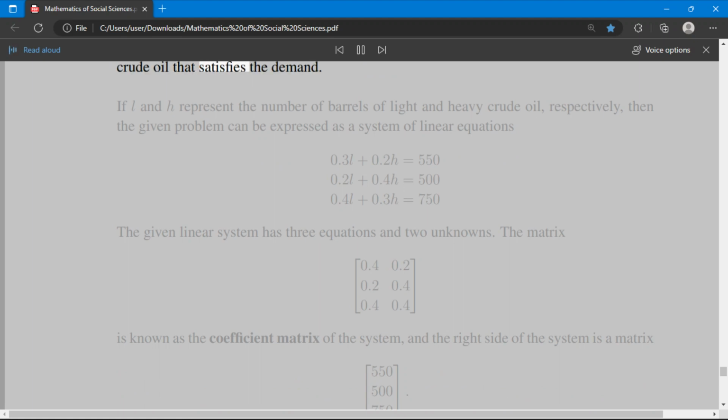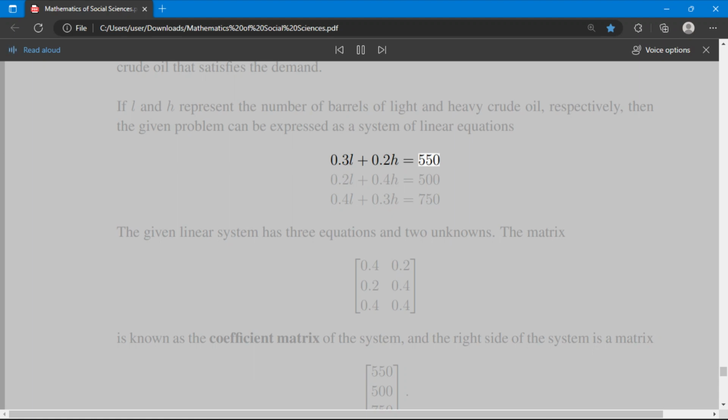The problem is to find the number of barrels of each crude oil that satisfies the demand. If L and H represent the number of barrels of light and heavy crude oil, respectively, then the given problem can be expressed as a system of linear equations.